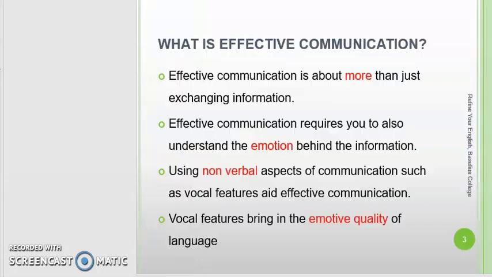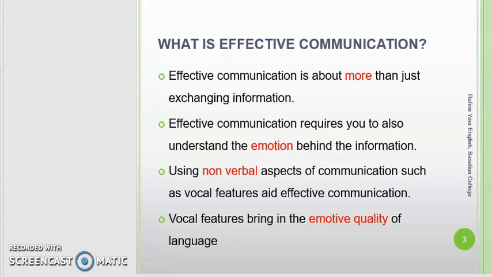Effective communication, if I may ask, what is effective communication? All of us know that if you communicate, if you convey ideas, communication is deemed to be pretty much effective. But is communication only about a transference of words or understanding meaning? This is a question that is raised many a time.